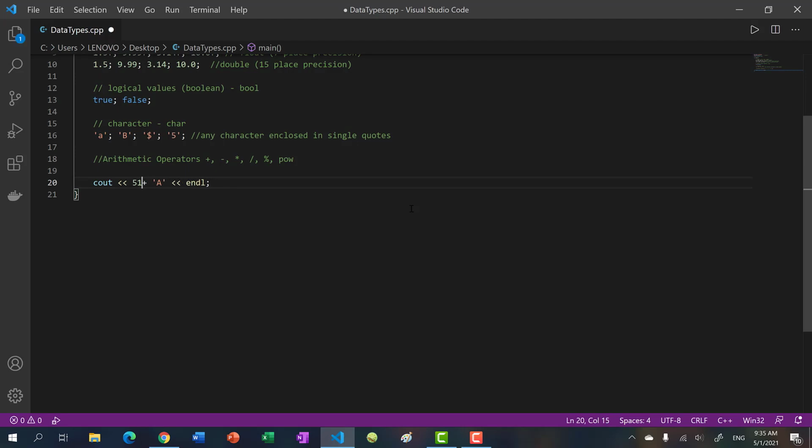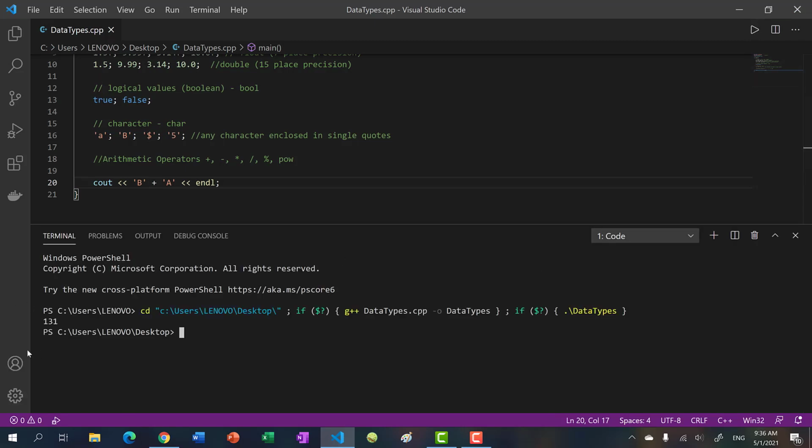And what happens if I do, let's say 'B' plus 'A'? Well, I get 'BA' as a string. Let's find out. And it turns out we get 131. So that's 66 plus 65. So it turns out you can't add two characters to get a string in C++, okay?